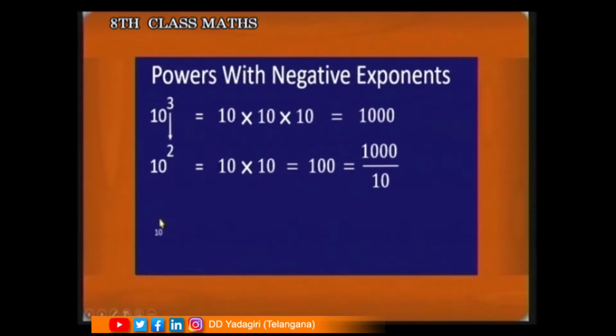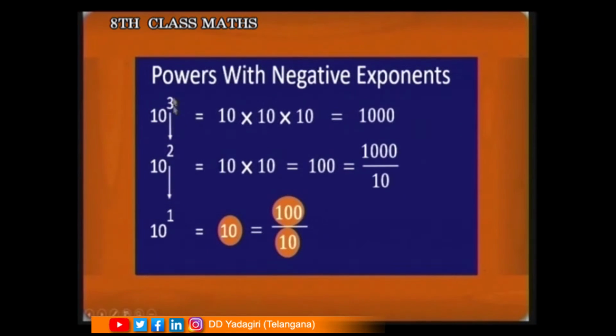Now, if you take 10 to the power of 1, how do you write 10 to the power of 1? 10 to the power of 1 is nothing but 10 itself, and we write 10 as 100 by 10. That means, here also the exponent is again decreased by 1 unit, and what happened to the answer? The answer is again the 10th part of the previous value.